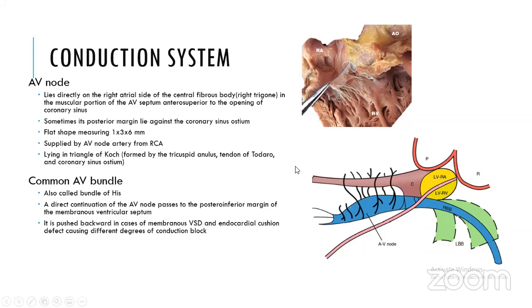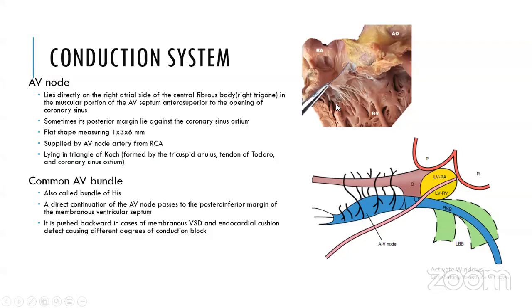There is also the common AV bundle. The other name is bundle of His. A direct continuation of the AV node, it passes to the posterior margin of the membranous ventricular septum.